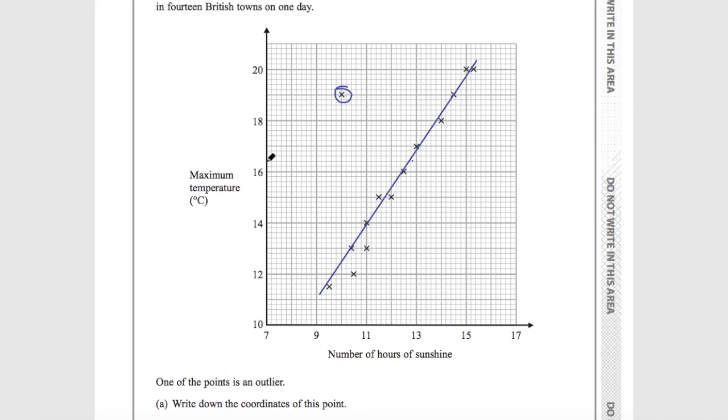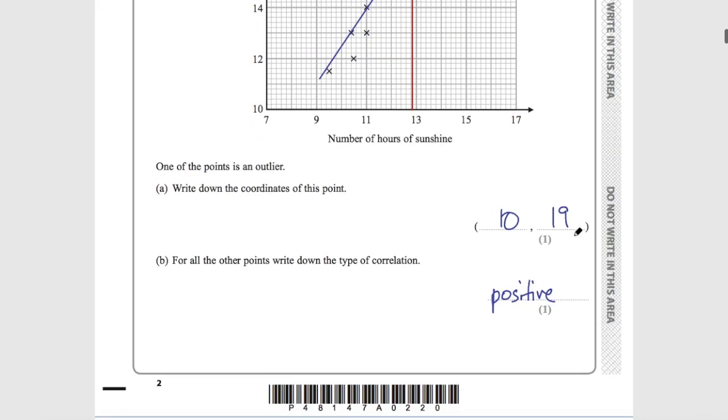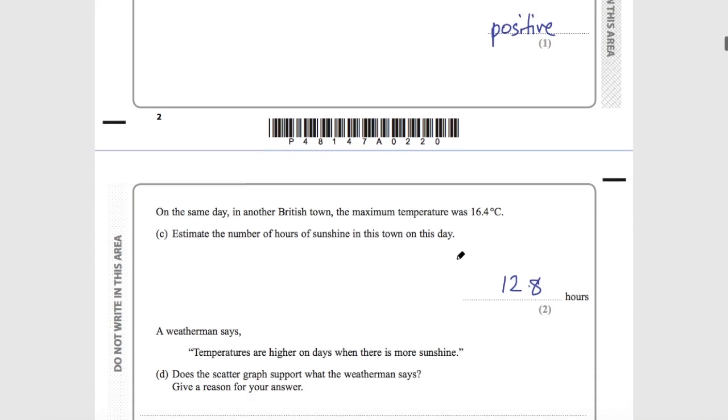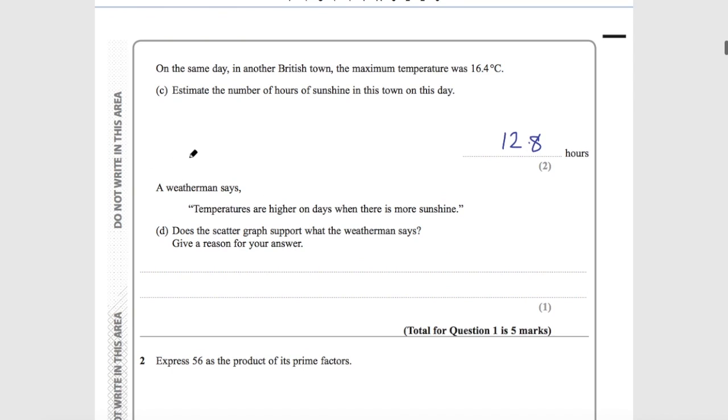We can go across to our line of best fit and then down to the number of hours of sunshine, and we can estimate that to be about 12.8 hours of sunshine.